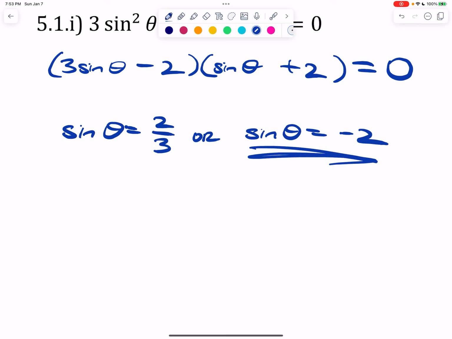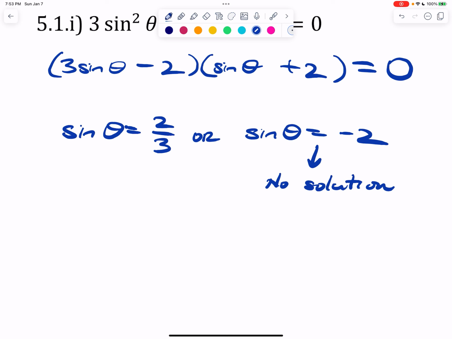So this right here has no solution. We can't go like this. That's not how we indicate no solution. We do actually need to write that for this particular equation, there is no solution.